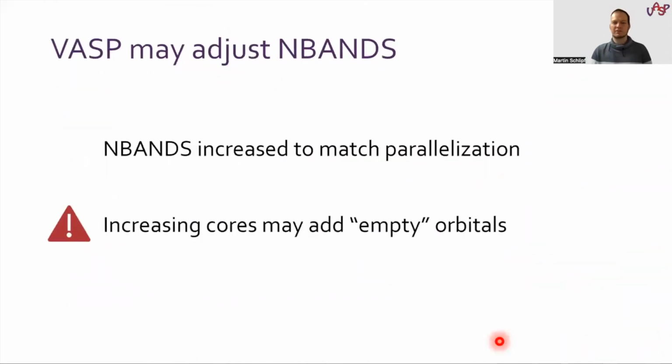Okay, so let's discuss first this default parallelization, the band parallelization. One important thing that you need to remember is that VASP will adjust the number of bands to match your parallelization. So if you don't set any other parallelization options, the number of bands will be a multiple of the number of CPUs that you use.